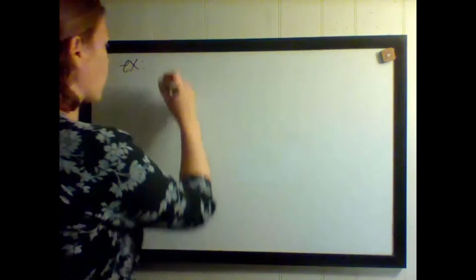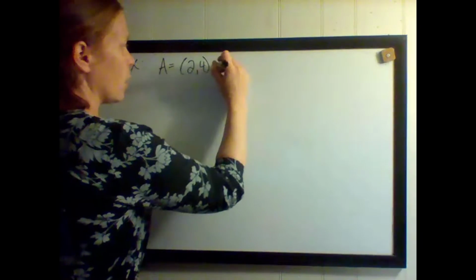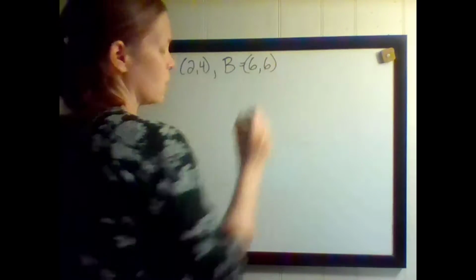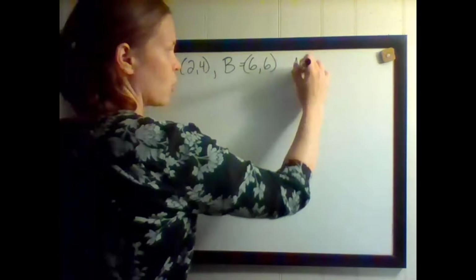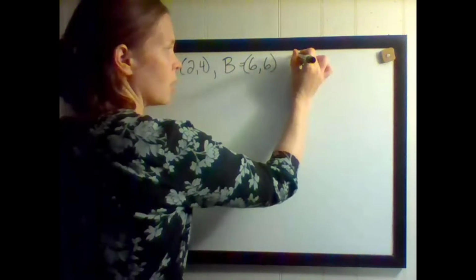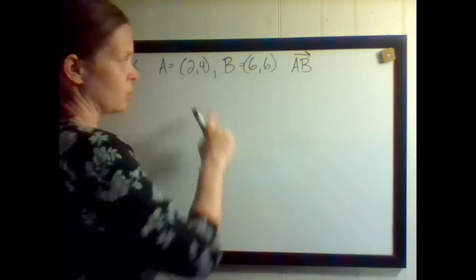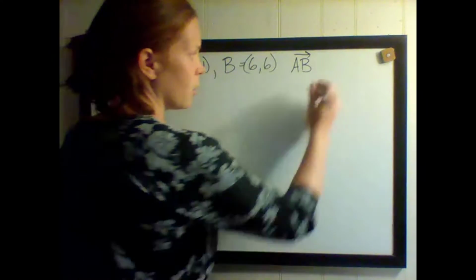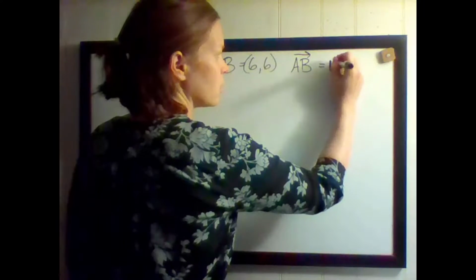So let's say, for example, point A is (2, 4) and point B is (6, 6). Those are the points where the vector starts and ends. To show that it starts at A and ends at B, I put AB with a line over it. Sometimes we also denote these with bolded U's and V's.